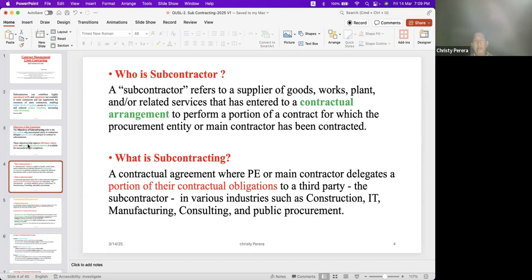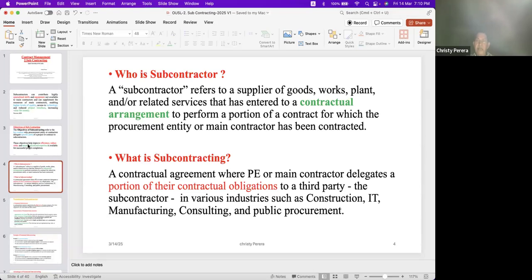The main contractor has an agreement with the subcontractor, where the PE or main contractor delegates a portion of their contractual obligations. Sometimes you may wonder why I say the PE or main contractor. There is a reason for that. From the next slide, I will explain.